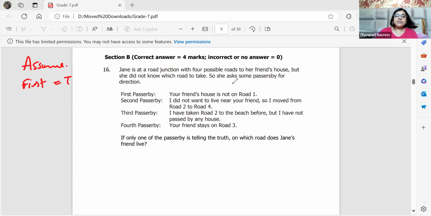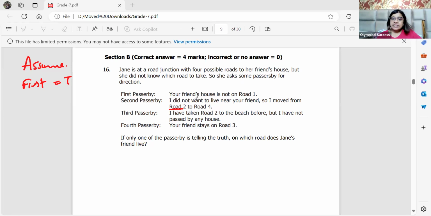So if that person is saying that your friend's house is not on road 1, then come to the second passerby. That means everyone else should be saying false, Arnav. The second passerby says, I did not want to live near your friend, so I moved from road 2 to road 4. That means this is false. Okay, wait.